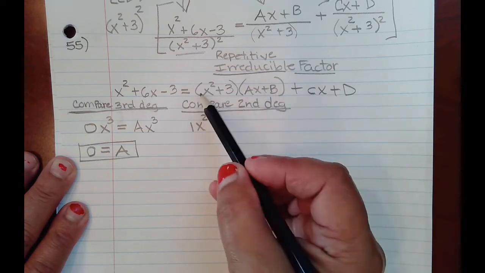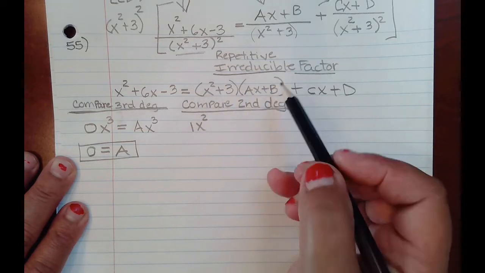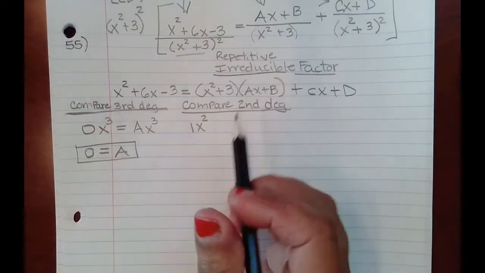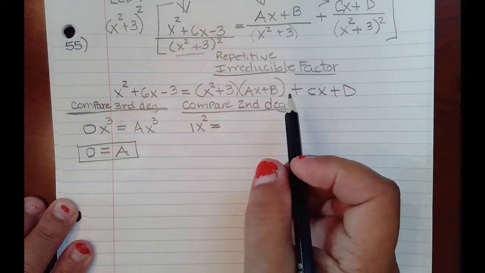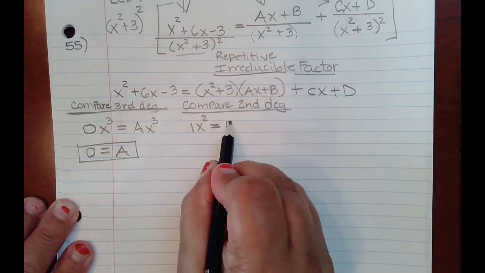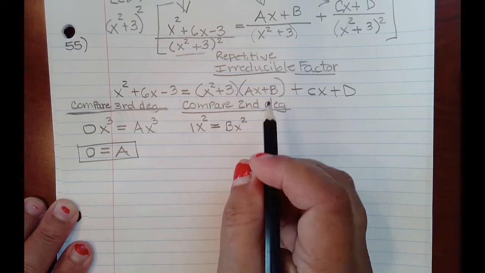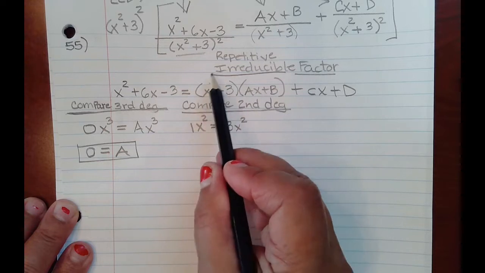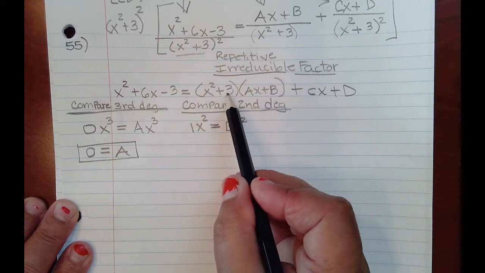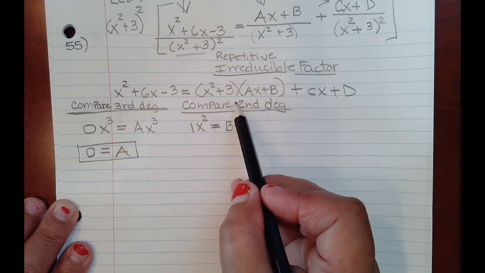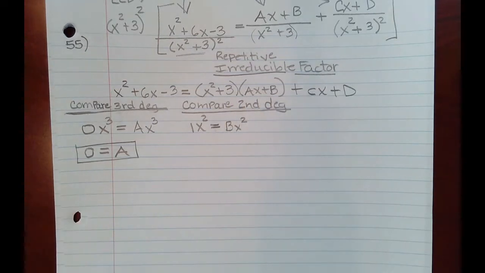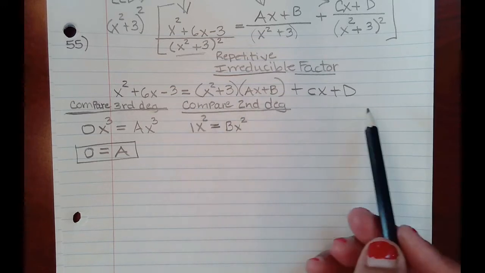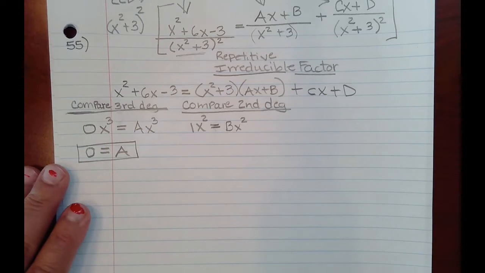Here, x squared times b, if we continue the FOILing process, would be, whoops, this was my second degree term on the left side of the equation, so let me put that equal sign. x squared times b would be bx squared. And then if we continued the FOILing process, it's first times first, outer times outer, inner times inner. That would just be x to the first degree, and that would be a constant. So that's all we get. The only second degree term that we get right here is bx squared, and there is no second degree term here. So that's pretty nice.